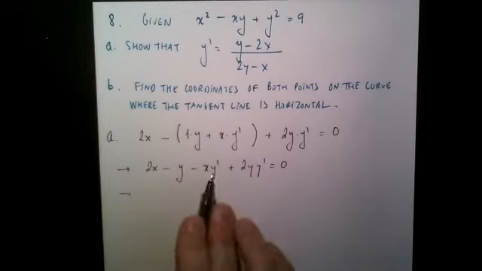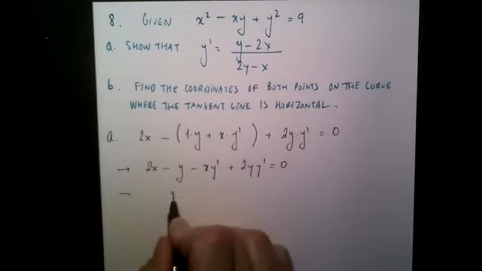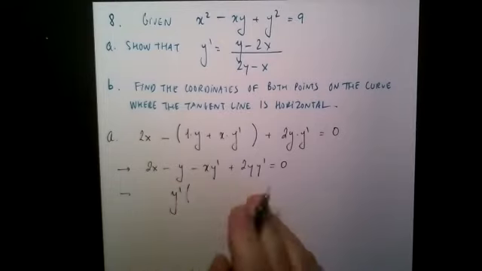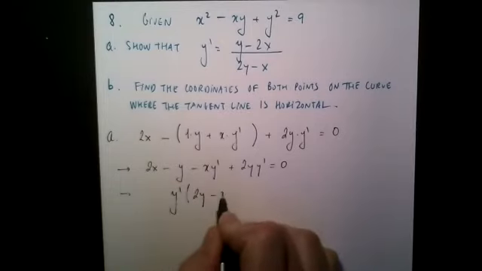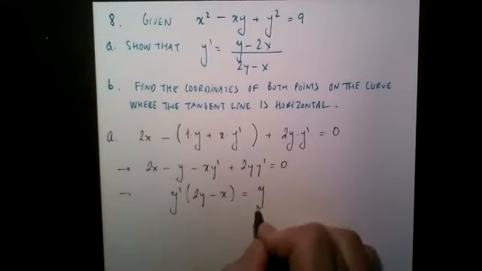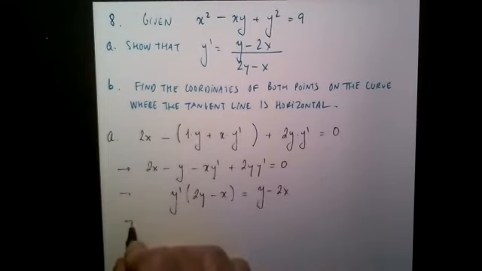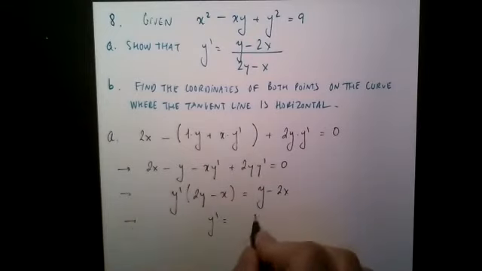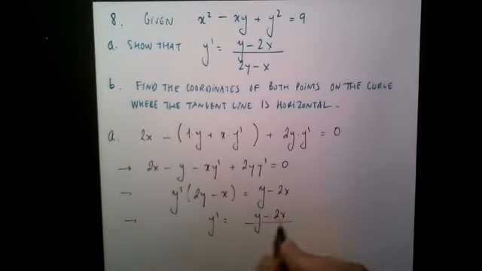And these two here, I'll just factor out a y prime. So y prime times 2y minus x equals y minus 2x on the other side. And so y prime is y minus 2x over 2y minus x. That's my answer. I just showed proof, done.